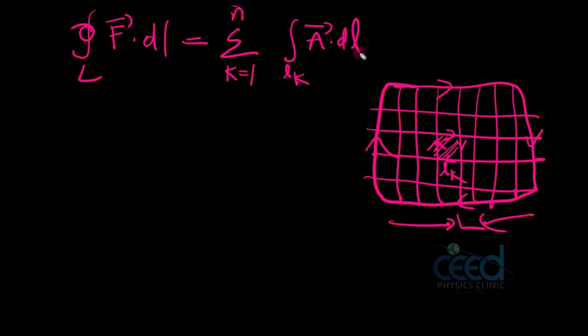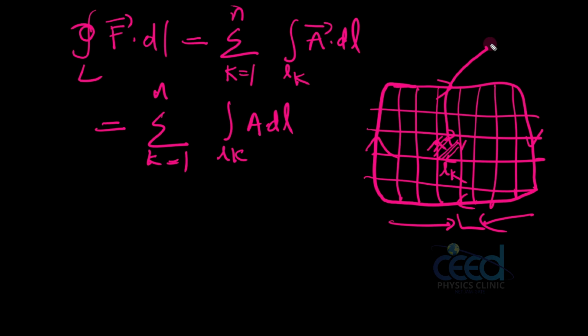Now I am going to multiply and divide this term by ds. Suppose this small loop area is ds. That is, the sum over k from 1 to n of the closed integral of F dot dl divided by ds, multiplied by ds. Now what does this term represent?